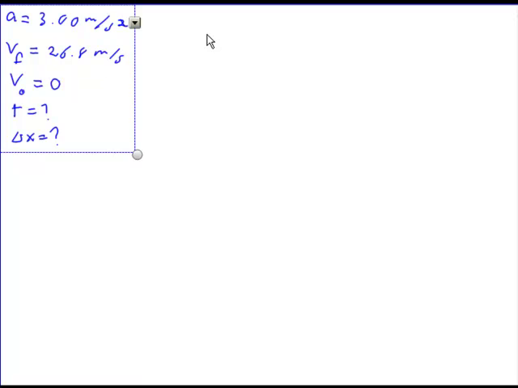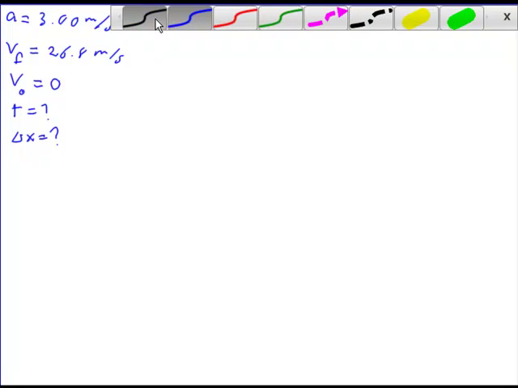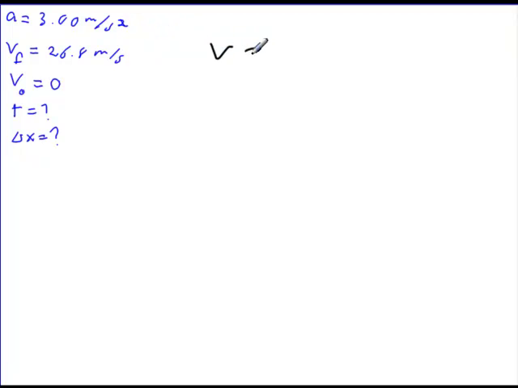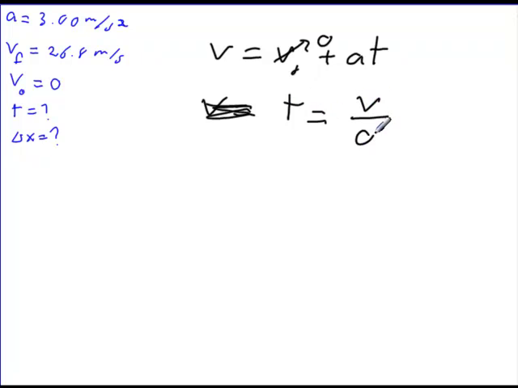I know that V equals V naught plus AT. That I could probably solve. This is 0, the one number I recommend putting in early. And I divide both sides by A, and I get that the time is the velocity divided by the acceleration.